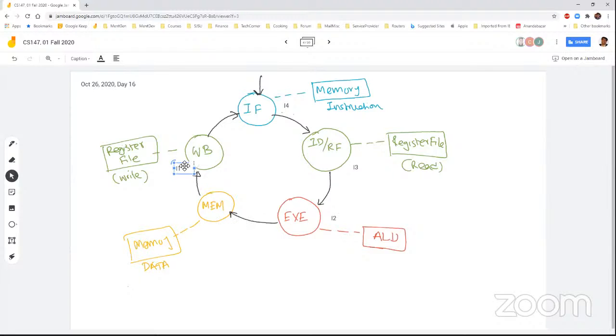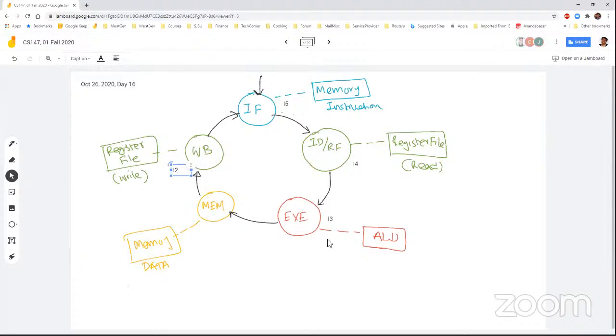Then I1 gets there, I2 gets there, I3 is pushed into this, I4 gets into that, and the next instruction, I5, gets here. And once the write back stage is done, the instruction is thrown away. So let me delete it.